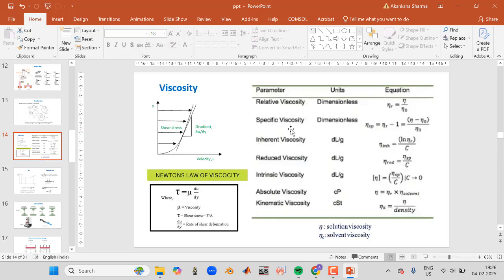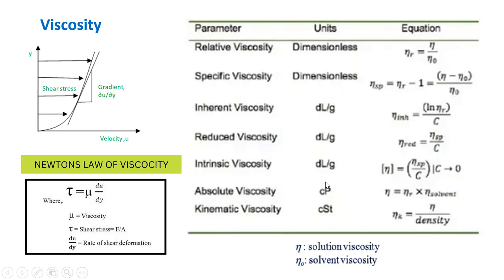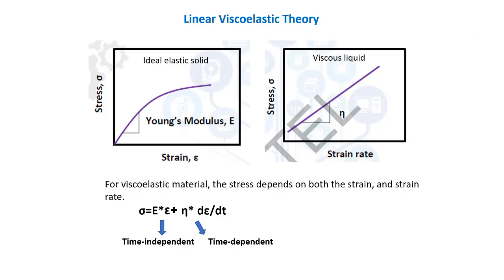Eta was the solution viscosity and eta naught was the solvent viscosity. So the relative viscosity is the ratio of the viscosity of the solution to the solvent. And inherent is the log of relative viscosity divided by the concentration.